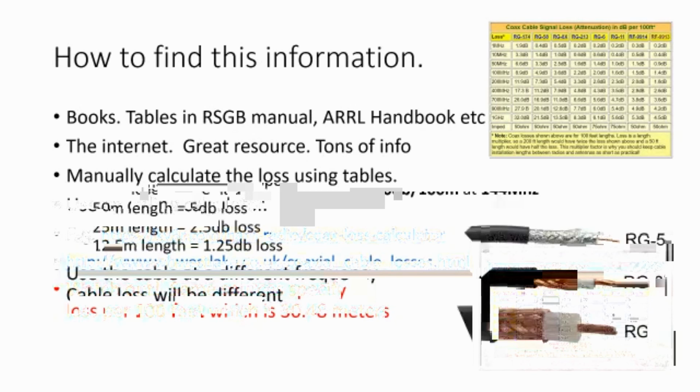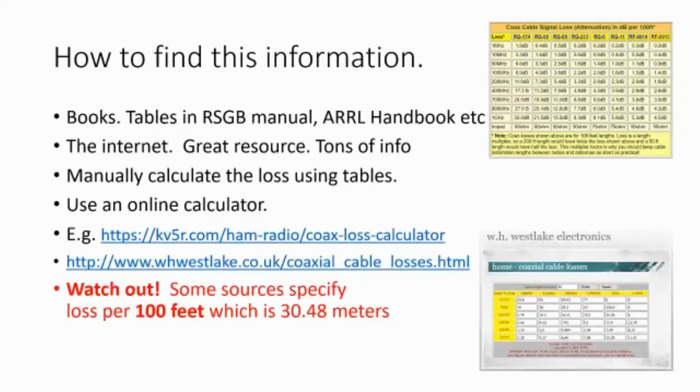We have an example up in the top right-hand corner of this: coax cable loss or attenuation in dB per 100 feet. And it gives you the common coax cables, common frequencies, and how much loss is in that cable. At the bottom, it specifies whether it's 50 ohm or 75 ohm. For amateur radio, we use 50 ohm. We don't use 75 ohm normally.